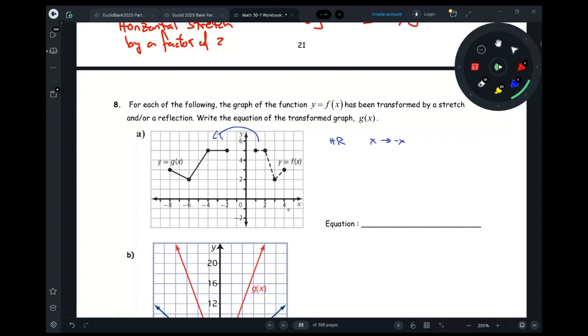Additionally, if you just compare it here, like notice this little section right here is 1 unit wide, but over here it's 2 units wide. Okay, even same thing here. This is 1 unit wide, this is 2 units wide. So there's been a horizontal stretch by a factor of 2, which means we replaced x with 1/2 x. So in my new function, I'm going to get y is equal to f of, well, first of all, there's been a negative there, and then there's a 1/2 in there. And there we go.